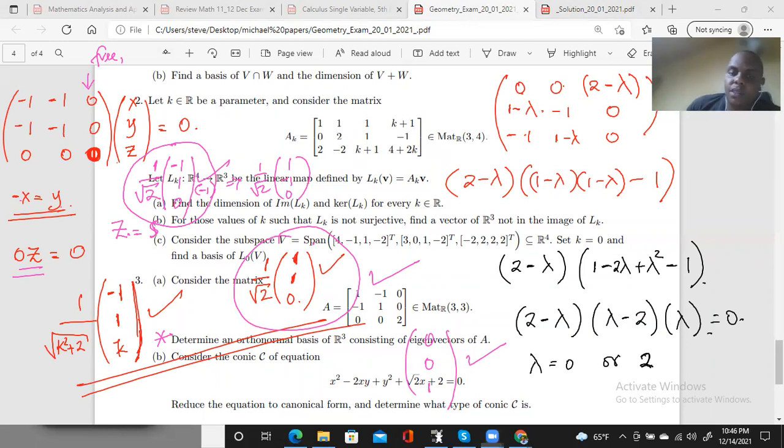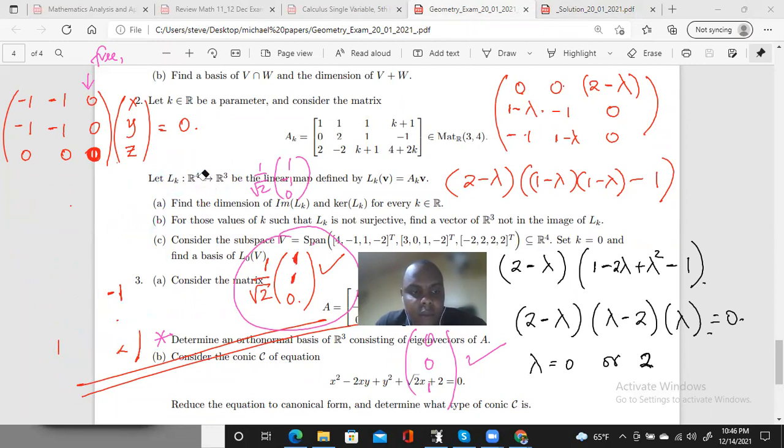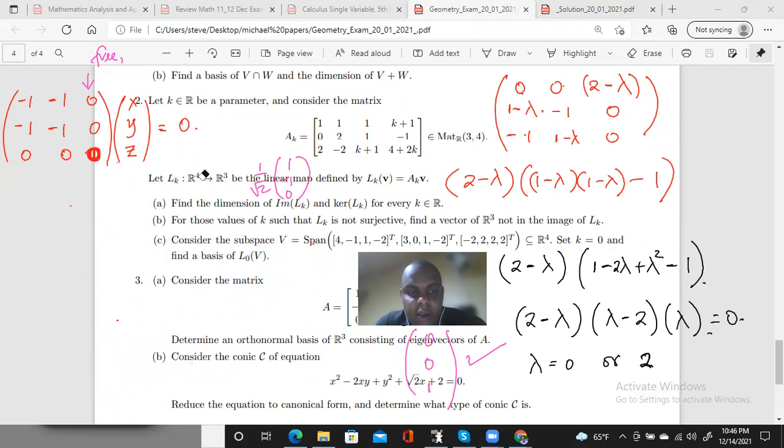The best way we could have done it, let us just take it all over again.